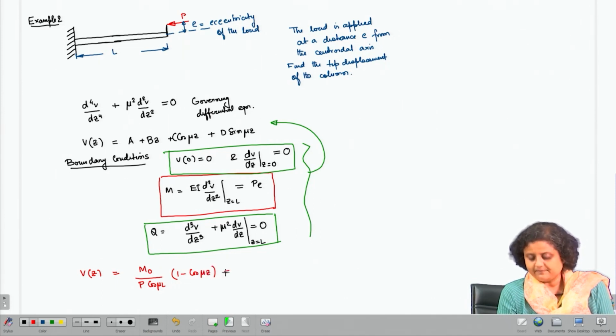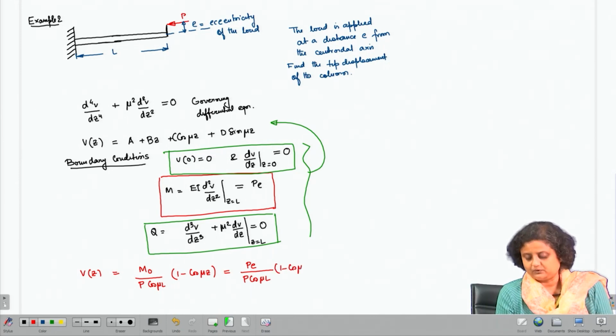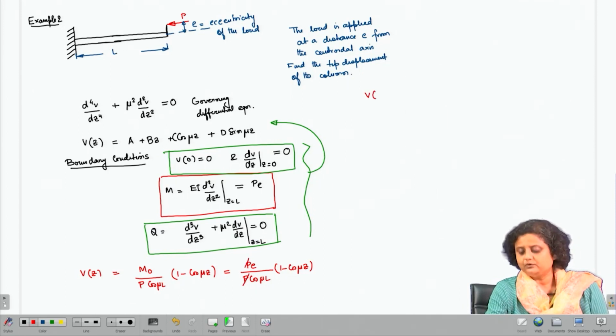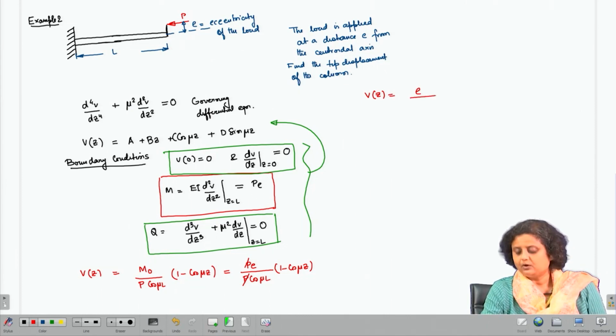In turn, m0 can be written as P into E, so V(z) is P into E by P cos mu L into 1 minus cos mu z. Now, these two P's are going to get cancelled. So, eventually, I am going to have V(z) equal to E by cos mu L into 1 minus cos mu z.